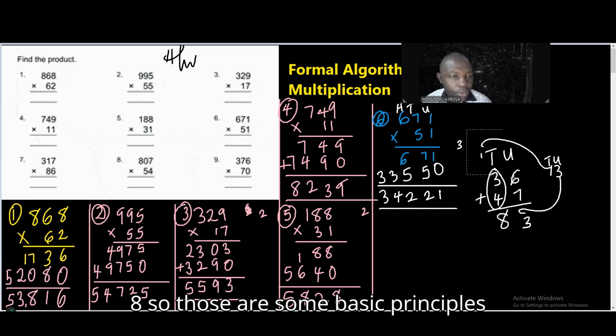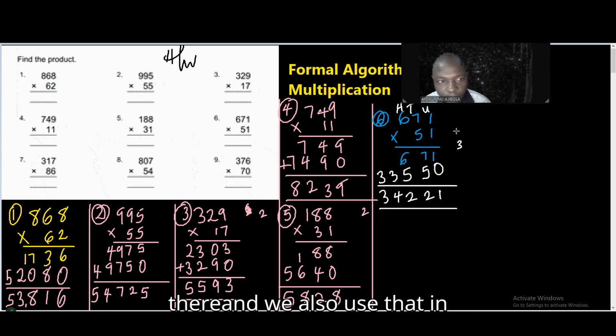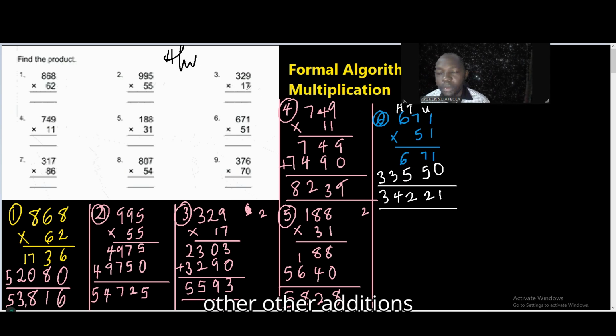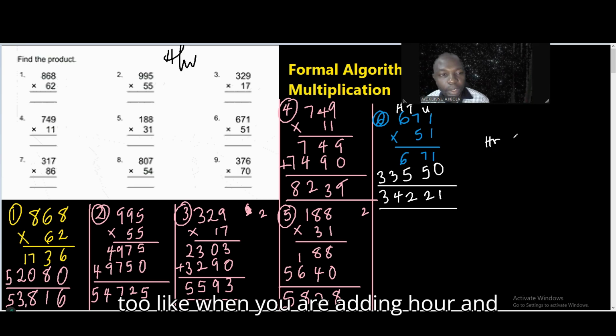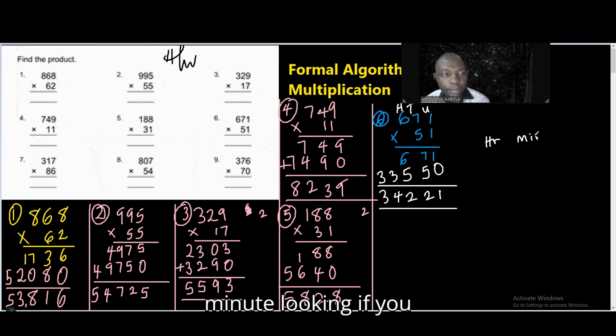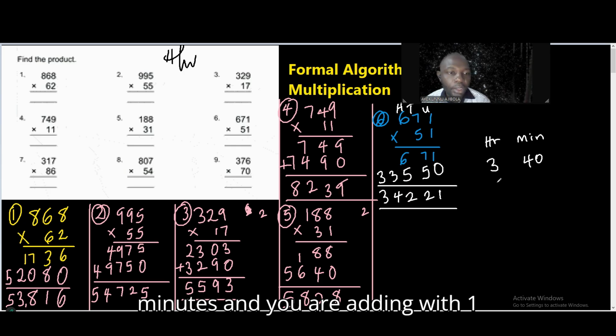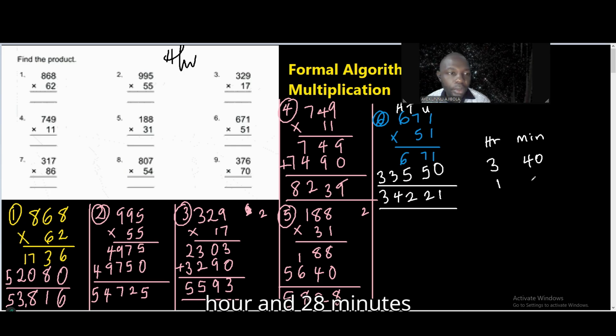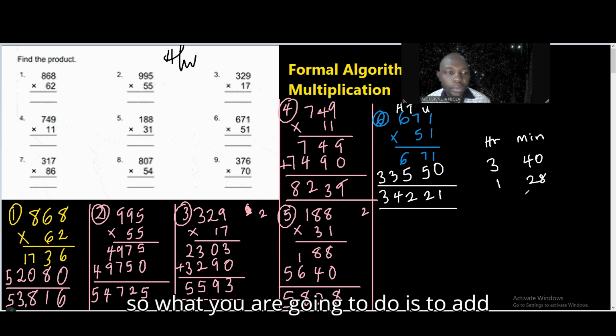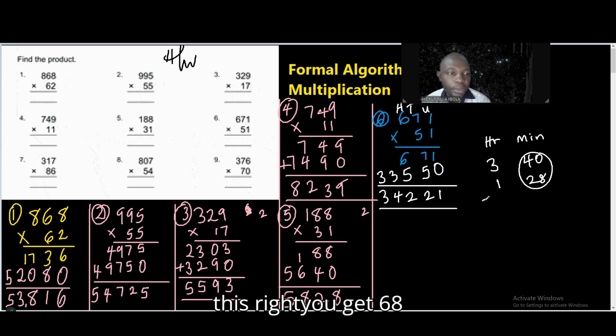So those are some basic principles there. And we also use that in other additions too, like when you're adding hour and minute, okay? If you have 3 hours and 40 minutes and you're adding with 1 hour and 28 minutes, so what you're gonna do is to add this, right?